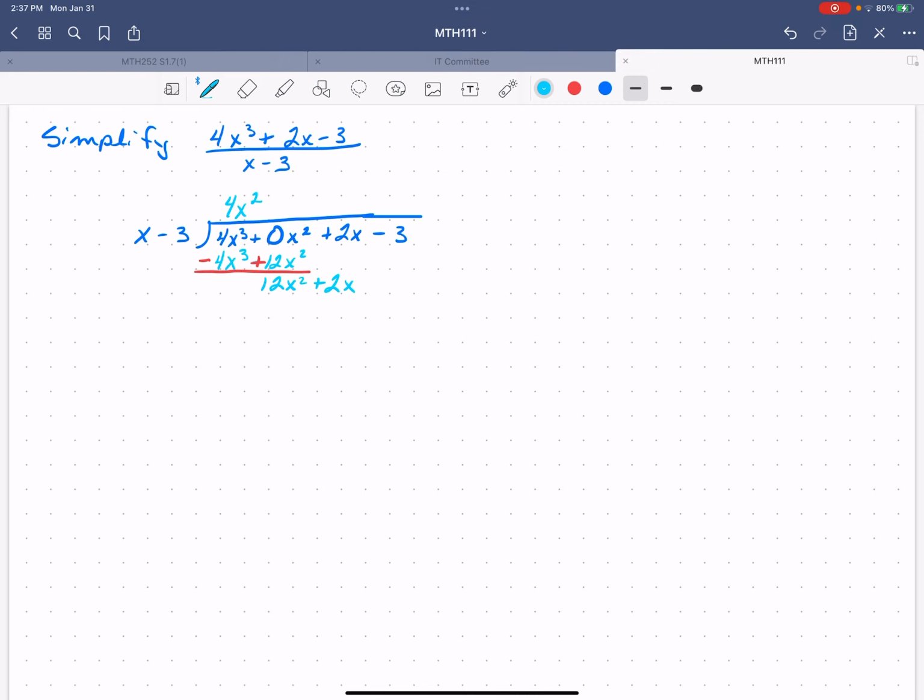Now, I ask myself, what do I need to multiply x by in order to get 12x squared? And that would be 12x. Multiply through, we get 12x squared minus 36x. But I'm subtracting, so I add the opposite. And this gives me 38x minus 3.